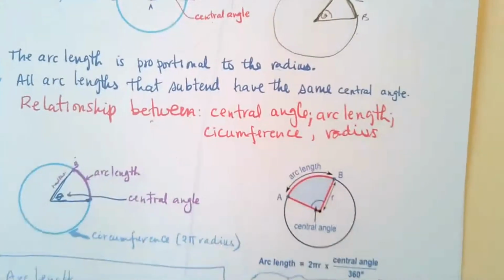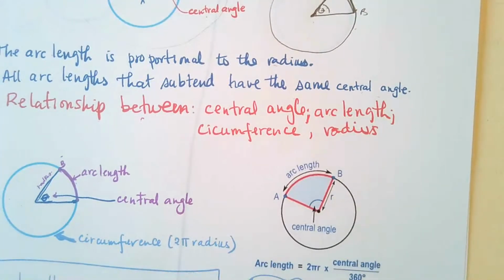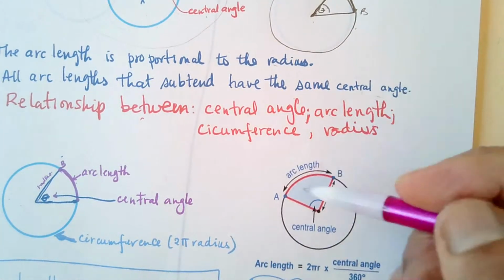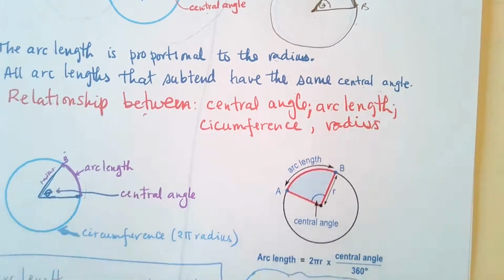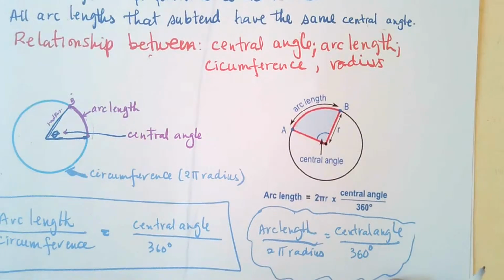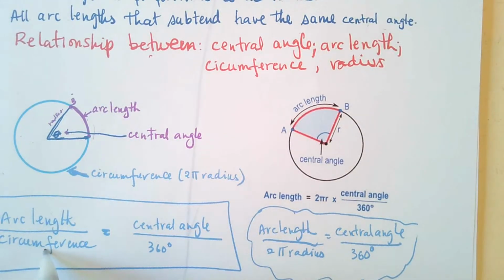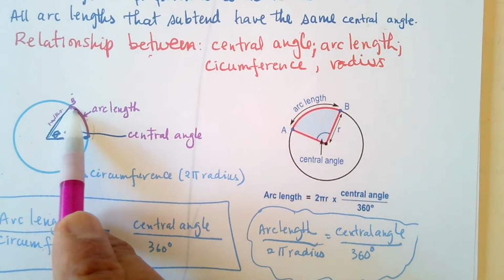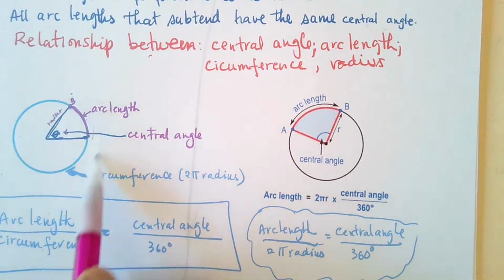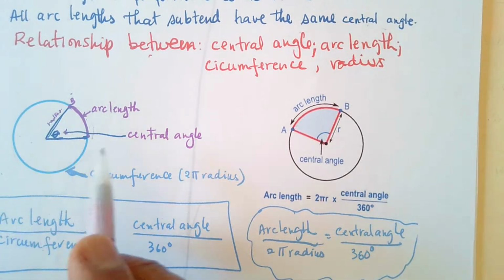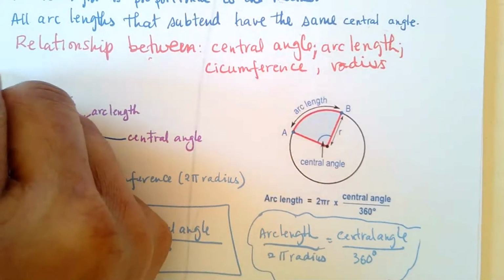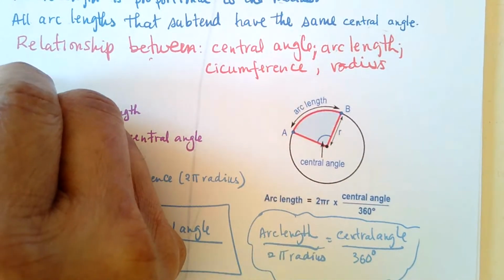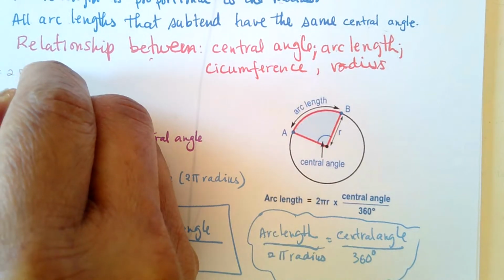Now, back up here. If we have an arc length here and a central angle and radius, we can use a proportion. The arc length over the circumference of the circle. Now, the circumference of a circle, just recall from grade 11, is 2 pi times the radius.